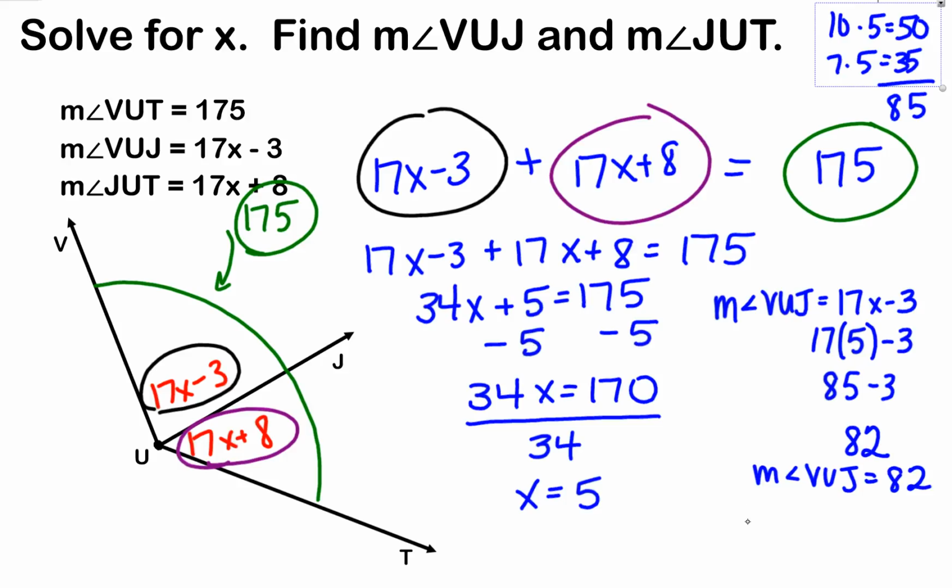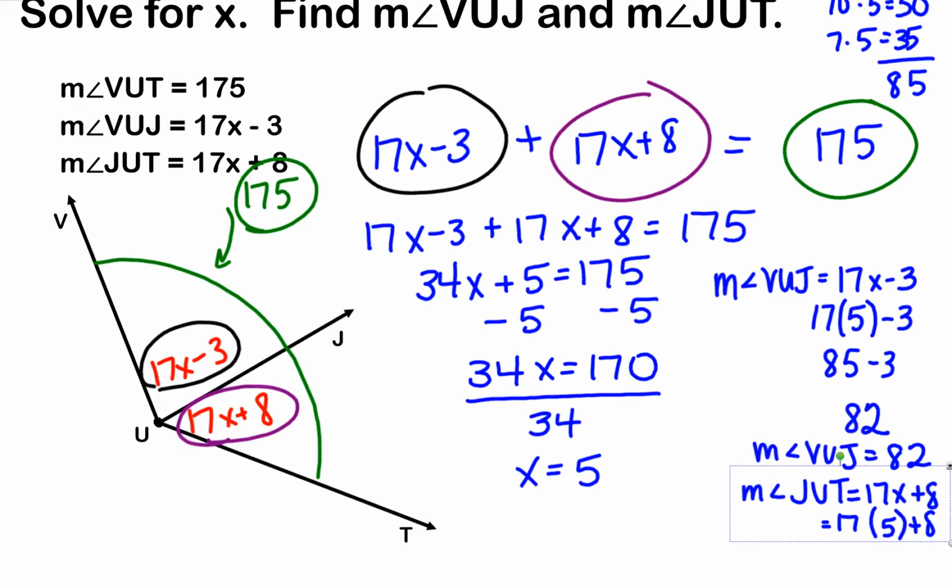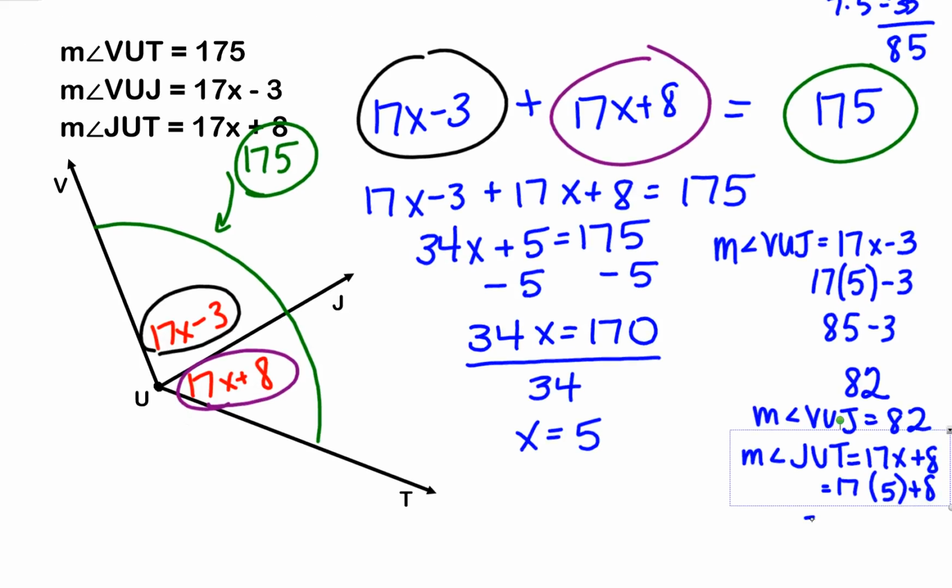And then I can go ahead and look at the measure of angle JUT. And that's equal to 17x plus 8. So 17 times 5 plus 8. 17 times 5 is 85. Plus 8 is going to be 93.